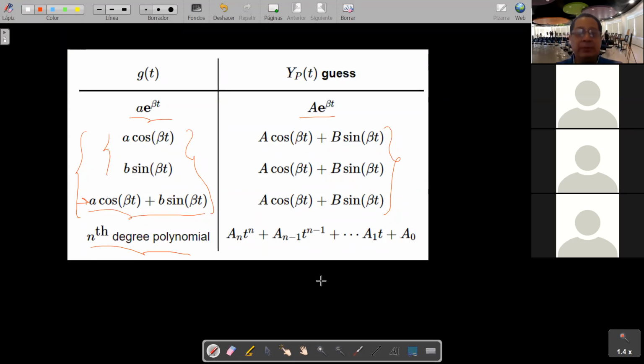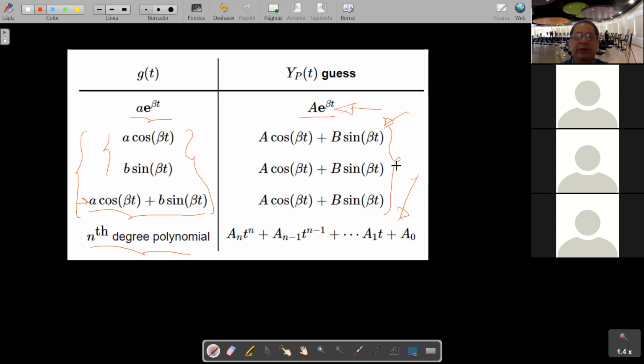And of course, there can be a combination for the forcing function having an exponential and sine and cosine, or an exponential and a polynomial, or a sine and cosine and a polynomial, etc. So we can have some combinations.